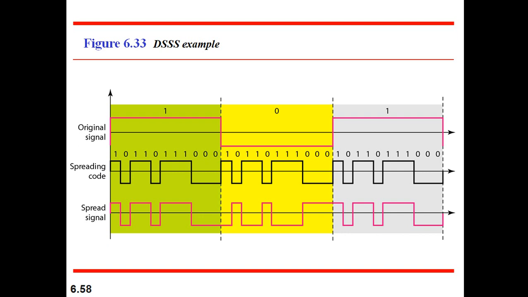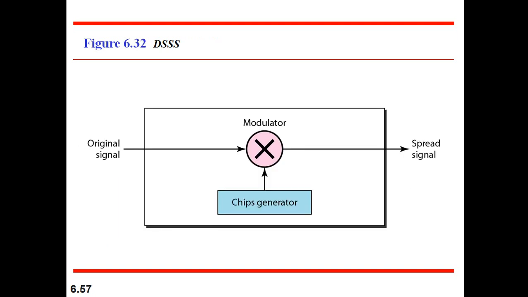Suppose the original signal rate is n, then the rate of the spread spectrum is 11 times the original one, in the sense that it is 11 times larger than the original signal.